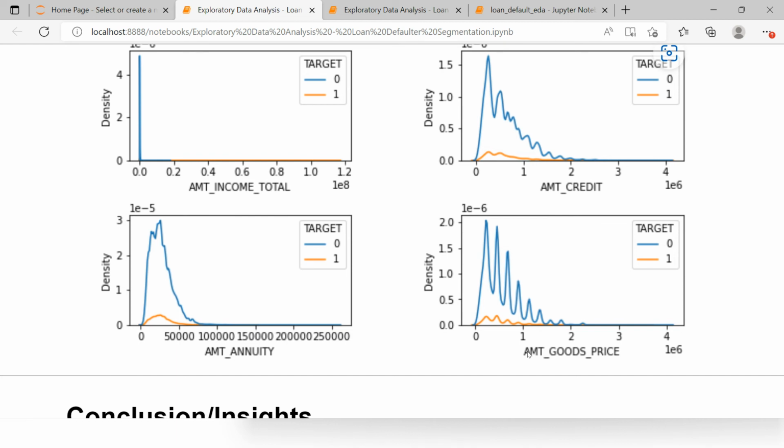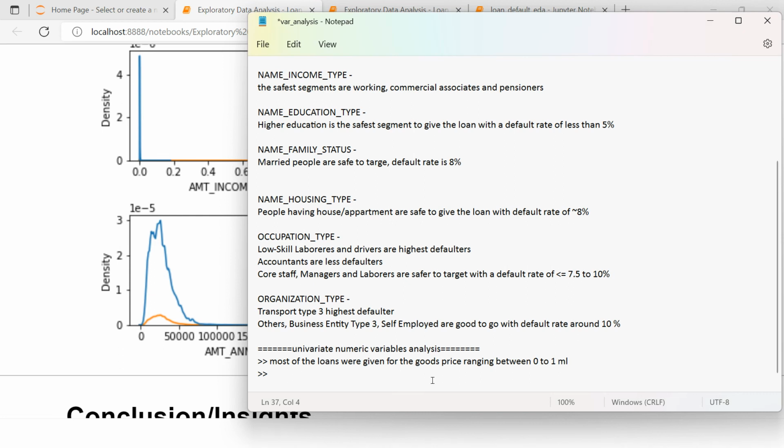So you can write: most of the loans were given for a credit amount of 0 to 1 million.